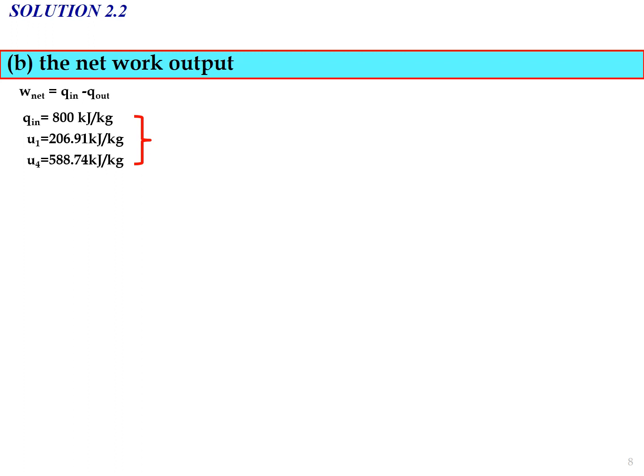So from these values we can determine Q out, where Q out equal to u4 minus u1 equal to 381.83 kJ per kg. Okay, so from Q in and Q out we can determine W net. W net equal to Q in minus Q out equal to 418.17 kJ per kg.